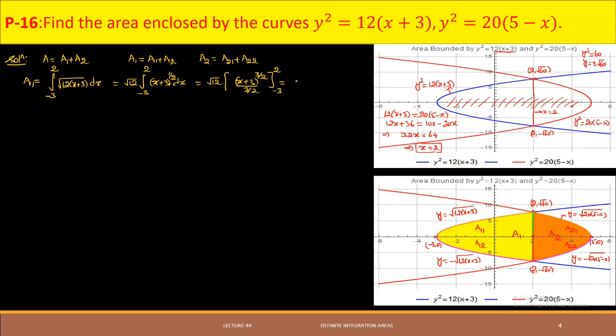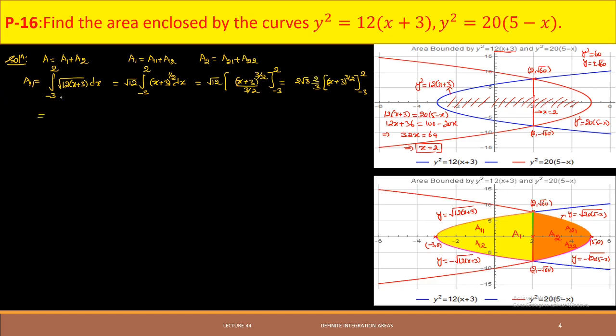So this becomes root 12, which can be written as 2 root 3, and this denominator 3 by 2 can be written as 2 by 3 into x plus 3 whole to the power 3 by 2 evaluated in the limits minus 3 to 2.